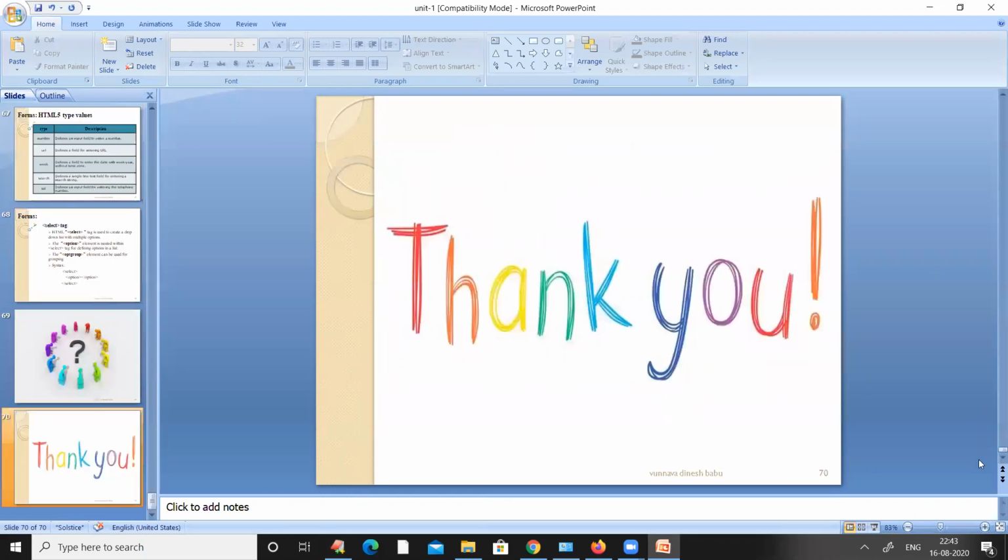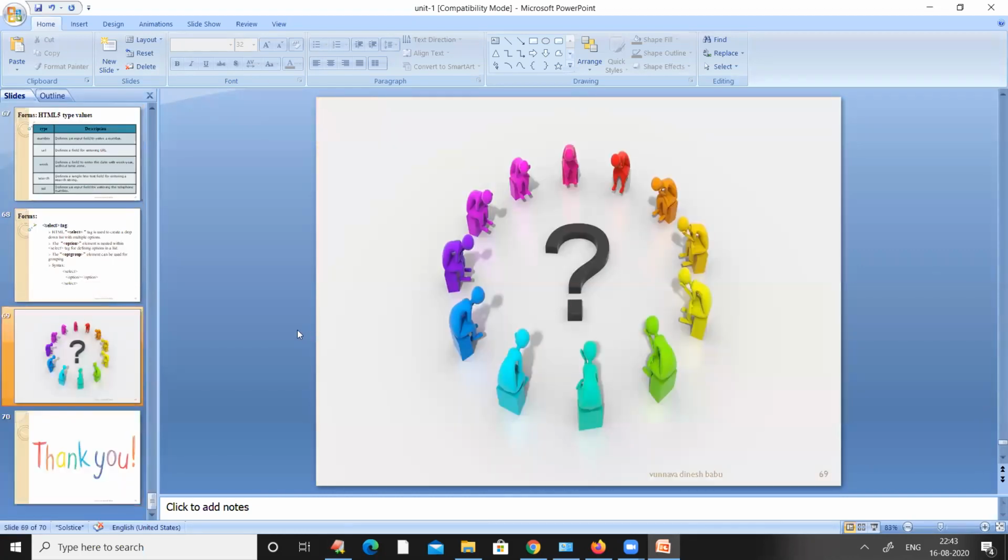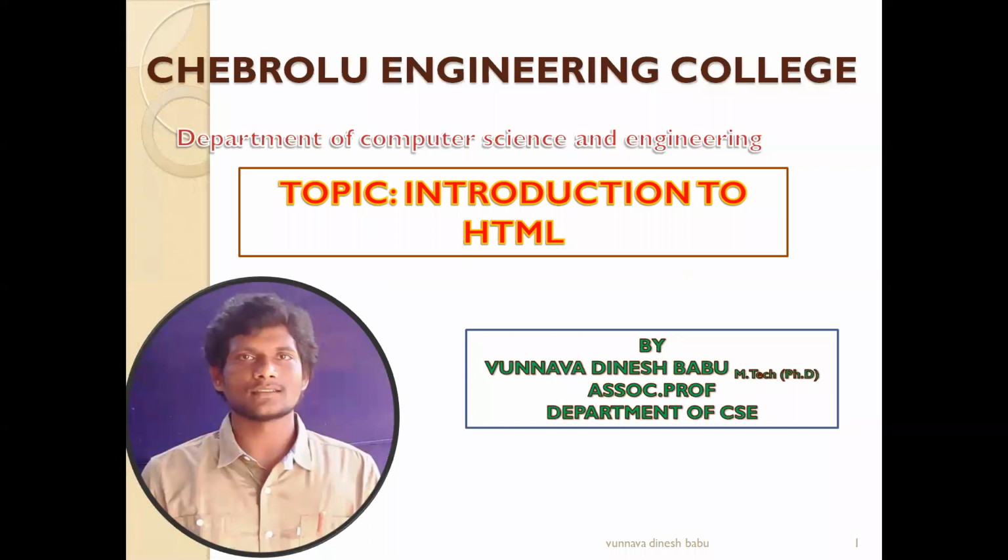And in the next class, we can see some remaining tags. So in today's class, we have seen about 9 to 10 tags. That is H1 to H6, paragraph tag, and then marquee tag and break tag.